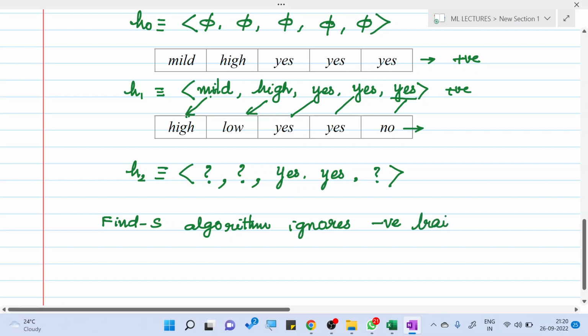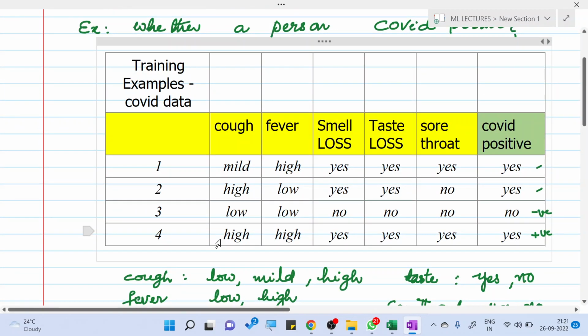So we don't update any hypothesis based on negative training examples. That means H3 is the same as H2. No updation for negative.